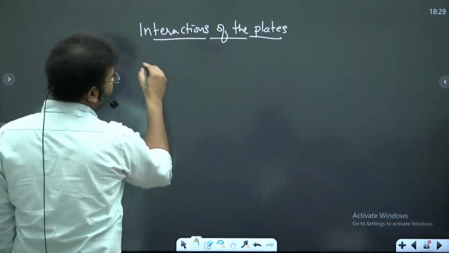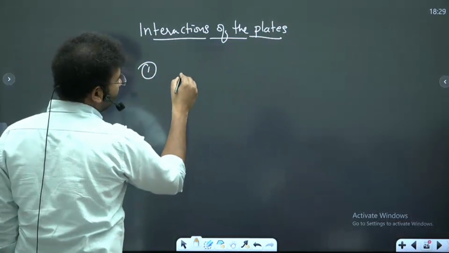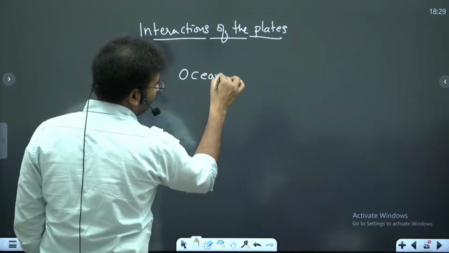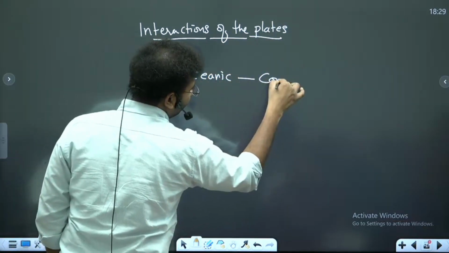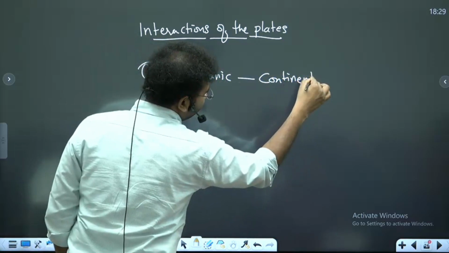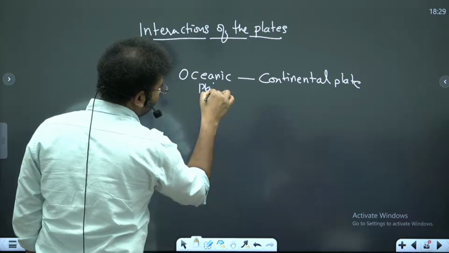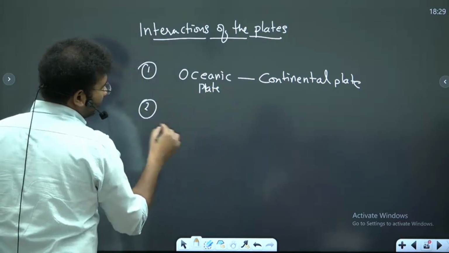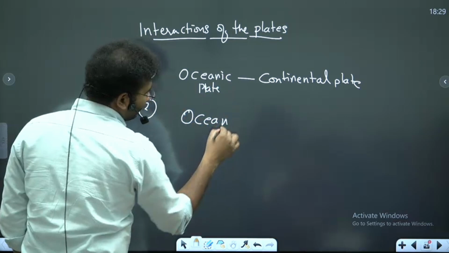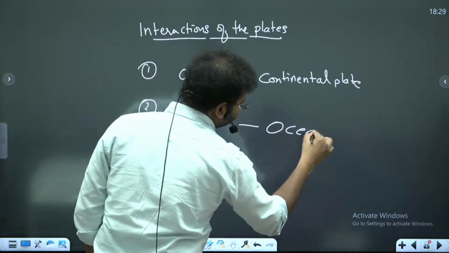Look here, the interactions can be number 1, an interaction between an oceanic plate and a continental plate. Second, it can be ocean with ocean.